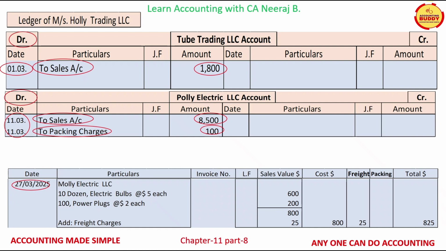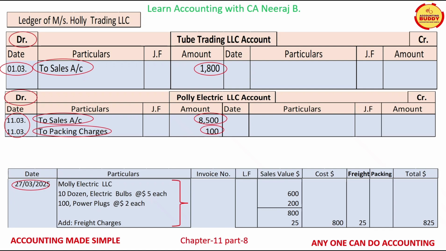Now on 27th March 25, Holy Trading LLC sold electric bulbs and power plugs to Molly Electric on credit for $800. $25 is also charged as freight charges. Therefore, a total amount of $825 is receivable from Molly Electric LLC.